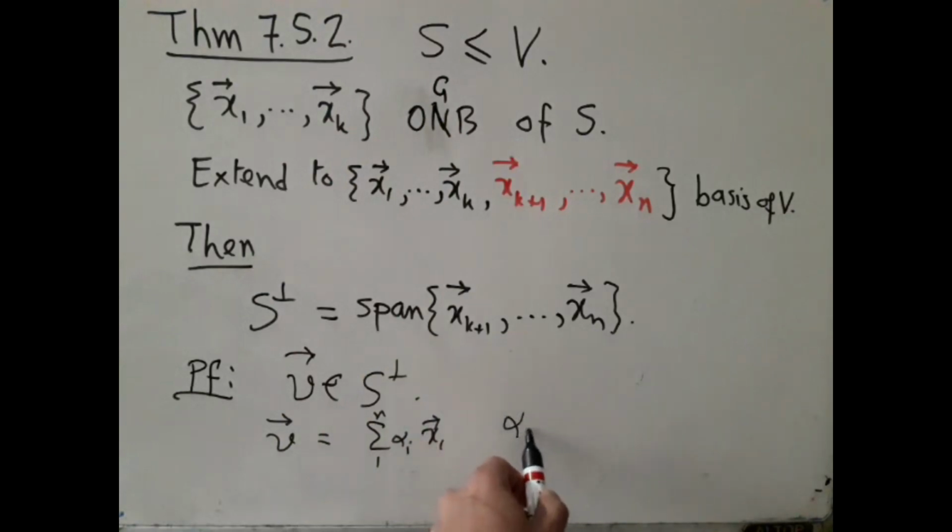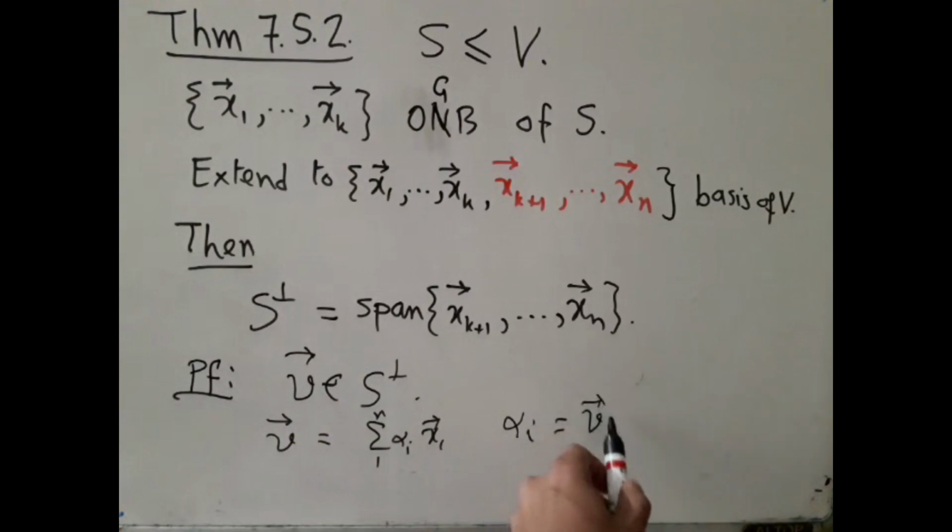Then alpha i is nothing but the inner product of V with xi. And if you are working with orthogonal, you have to also remember to divide by the norm of x.